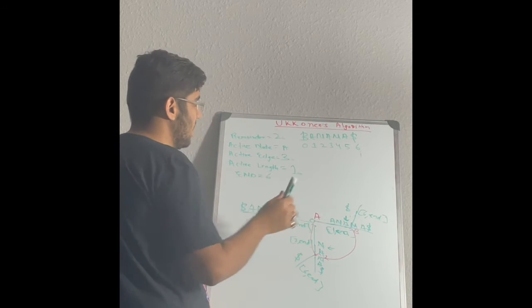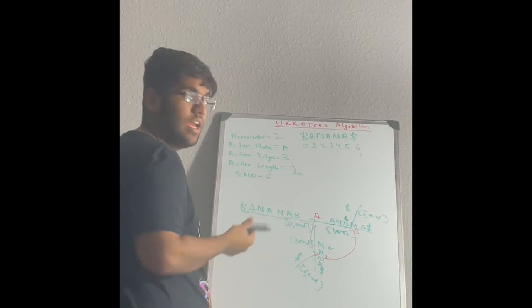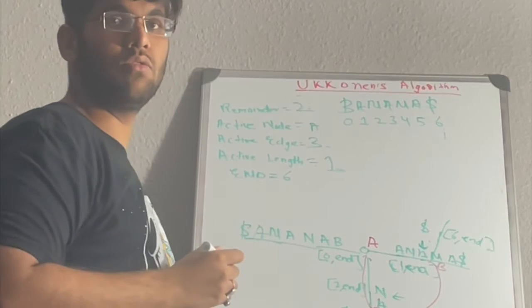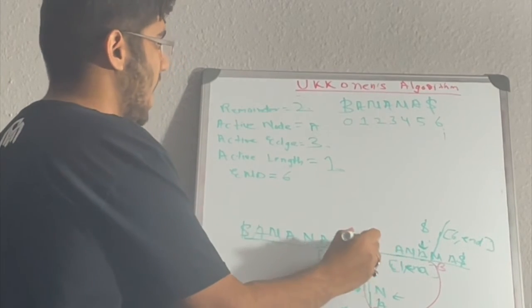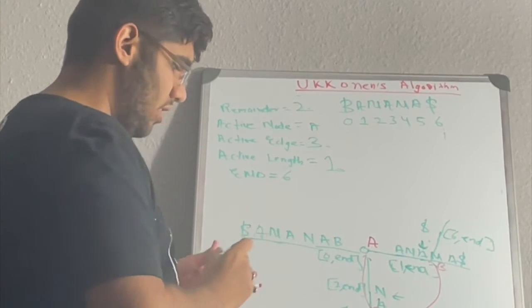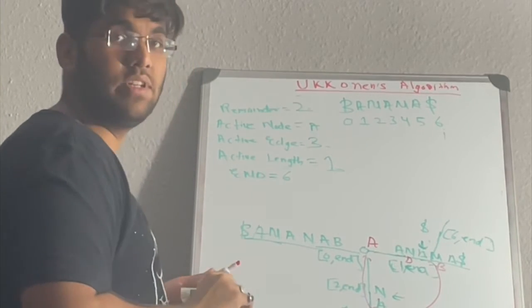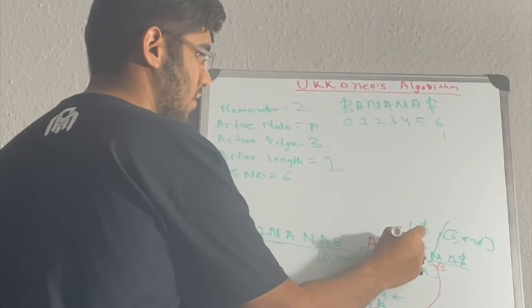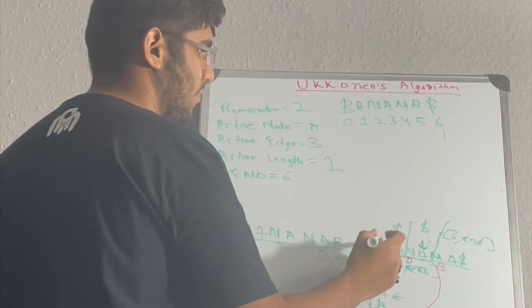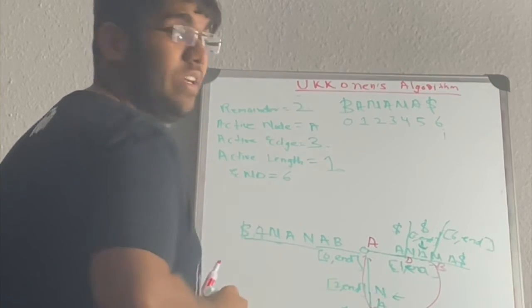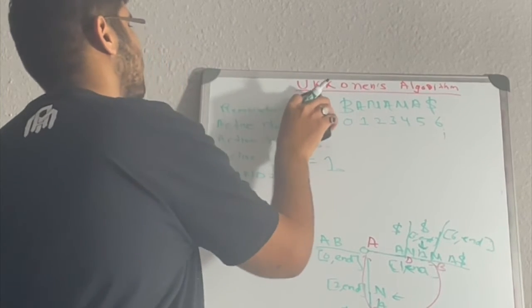Now from the node A, we'll go to the edge 3. Can we see edge 3? No. Active edge is 3. So we'll go to A and our length is 1. We'll create a node here and we'll create a leaf. Again 6 to end. We'll decrease the value of remainder.